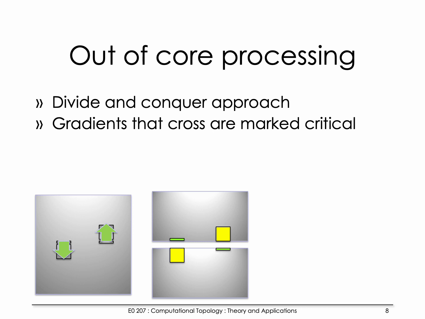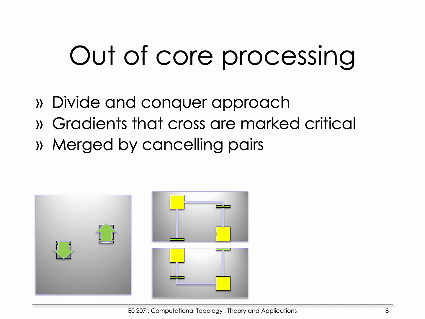Now with this, we can process the two blocks independently and ignore the two green gradient pairs. And we can compute the Morse complex using the discrete Morse-based approach that we have seen in the previous slides, independently for the two blocks. And once all the ascending descending manifolds are computed, we can merge the blocks together by cancelling these exact pairs of critical cells.